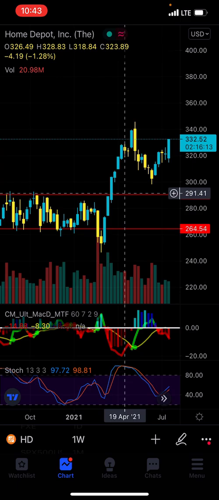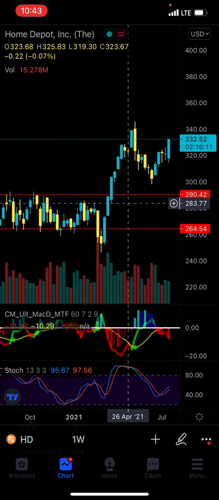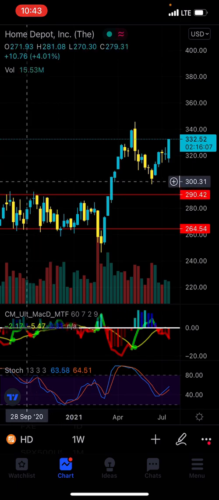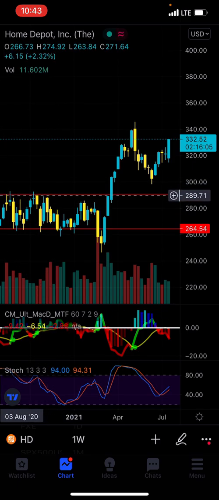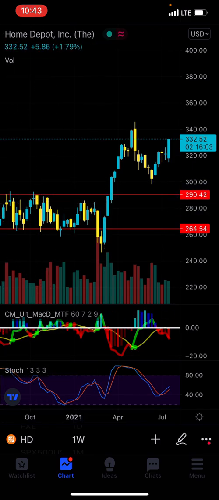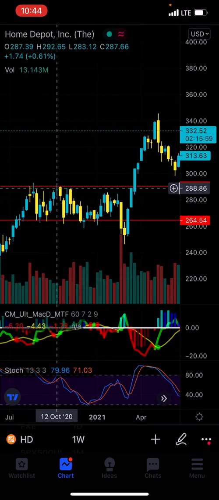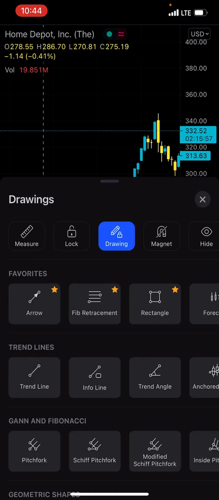The only reason I would not have used this as a relative high and relative low is because it's too close to previous all-time highs. This would be considered all-time highs back here. So I wouldn't have used this range just because it's too close, unless there was some sort of peak like this.